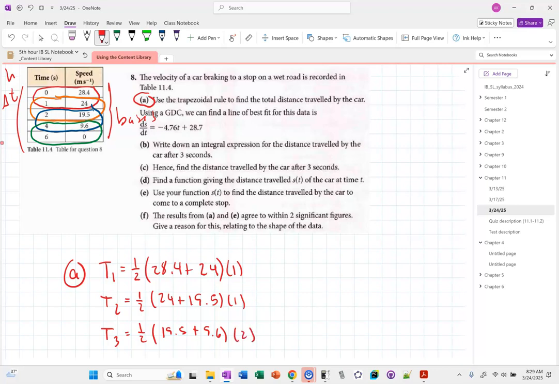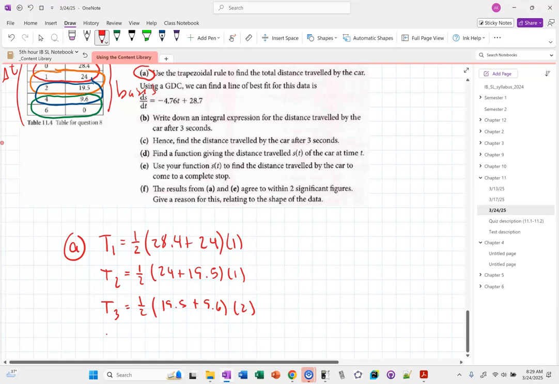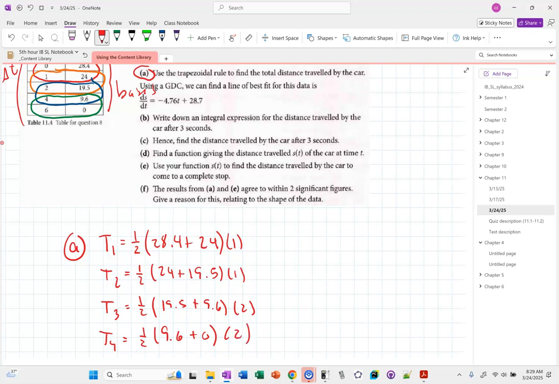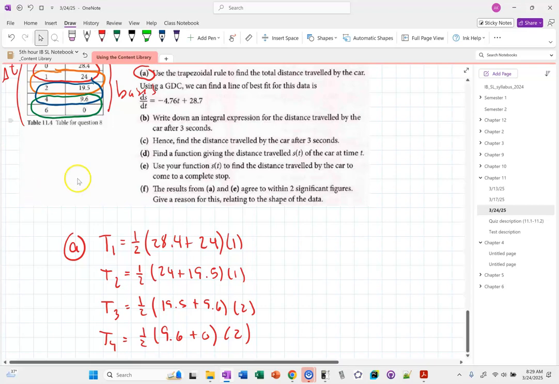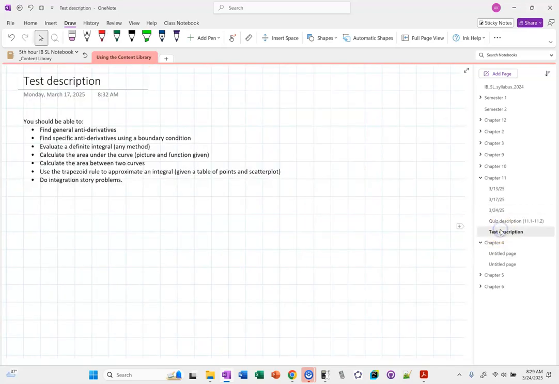Notice in the blue circle the t is changing from 2 to 4. And then my last trapezoid is going to be 1/2 9.6 plus 0 times 2. And I just add them up. Does that feel okay there? Okay. Should be pretty easy.